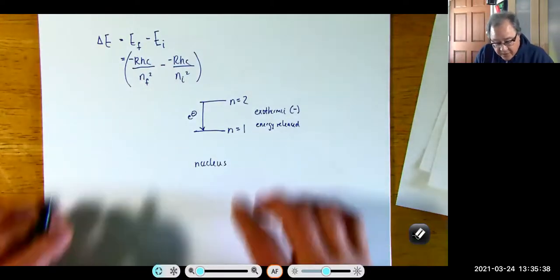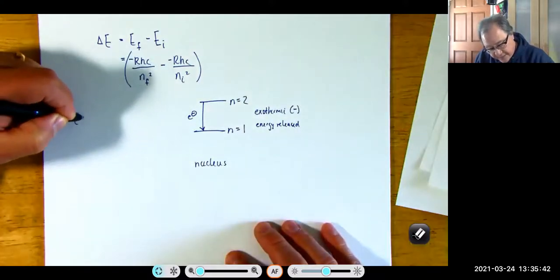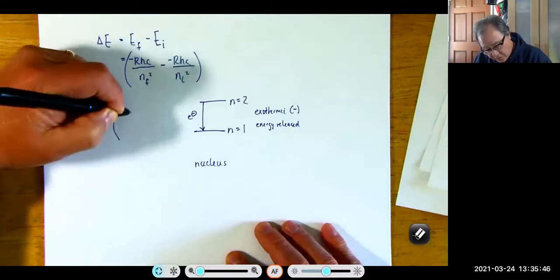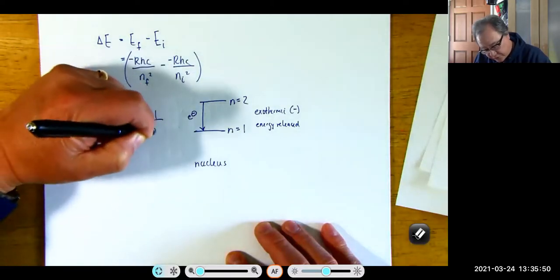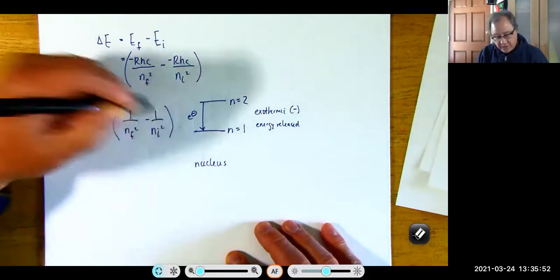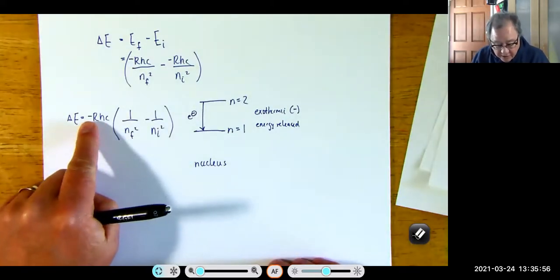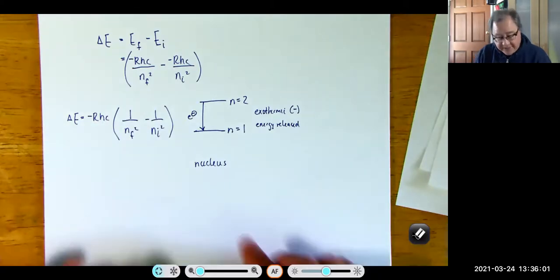And then I like to write this formula as follows: negative RHC times 1 over n final squared minus 1 over n initial squared. So I factor out the negative and the R and the H and the C. So I get this.